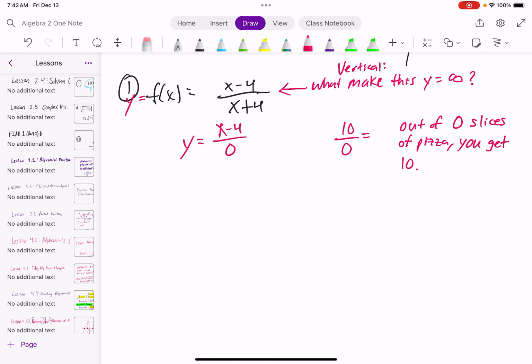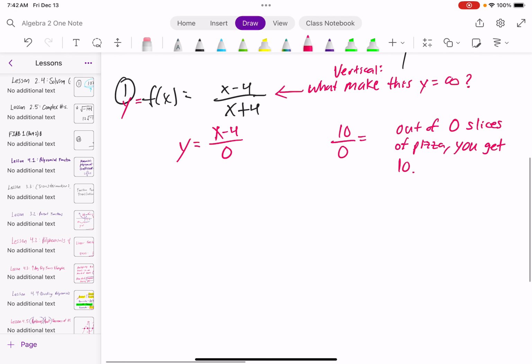It means you're literally God, right? It means you can make something from absolutely nothing. You can dig into your pocket and pull out a box of pizza, right? So this is infinity. Okay? When you have something divided by 0, it's infinity.